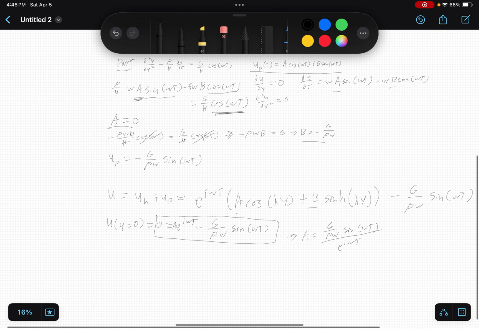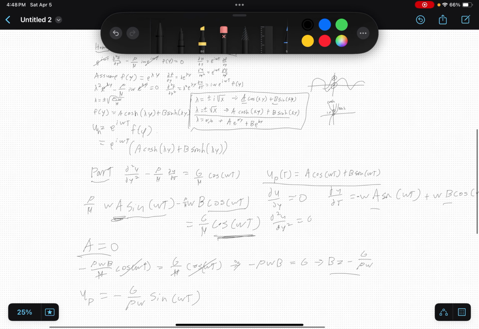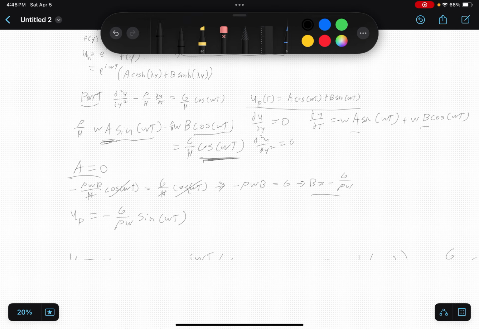And now we have the second equation, U at y equals h equals 0. Yeah, there's no nice way to do this.